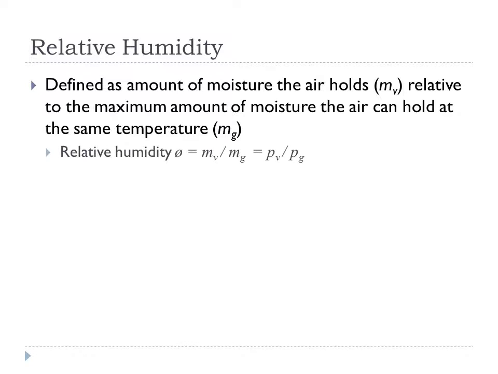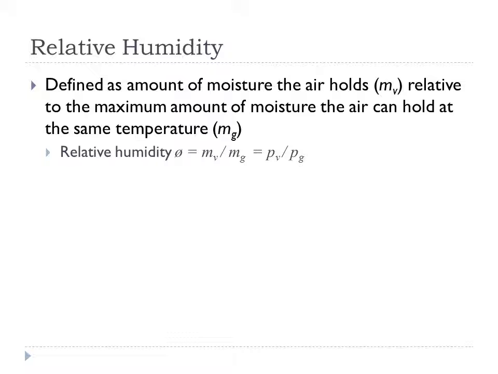So the ratio of the Mv quantity of water vapor to this Mz quantity of water vapor is called relative humidity. So humidity means the amount of water vapor, relative means relative quantity of water vapor at saturation condition and in actual condition. So relative humidity phi is defined as Mv divided by Mz, and it is also expressed in terms of the partial pressure of water vapor, that is PV divided by PZ.